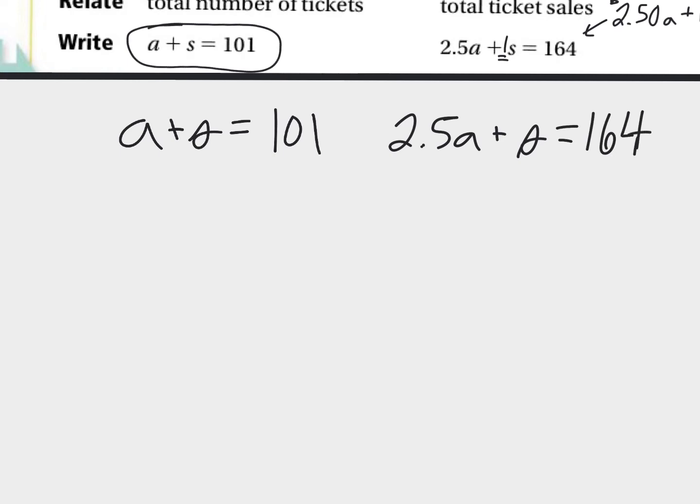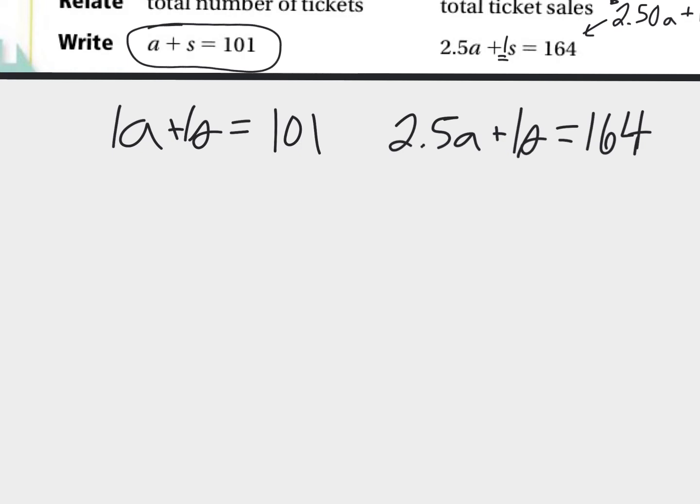Going back to what we did in the last lesson, this wouldn't be too bad for substitution. We could pretty easily solve that first equation for A or S and substitute it in. In this case, I'm just going to put 1s in front of these. I'm noticing that the S terms are exactly the same. They're both a plus 1S.